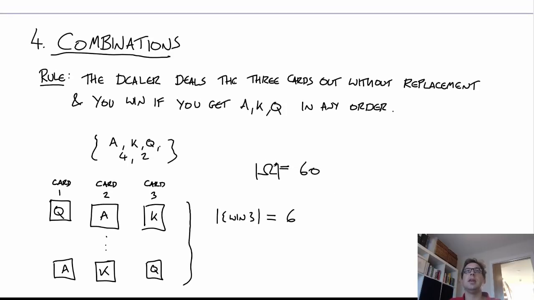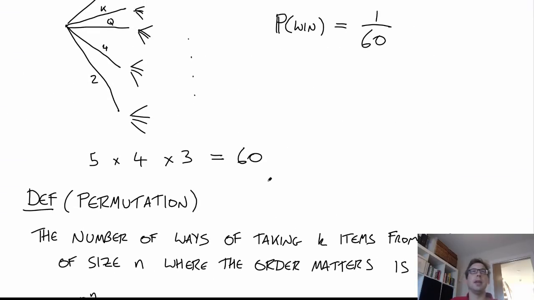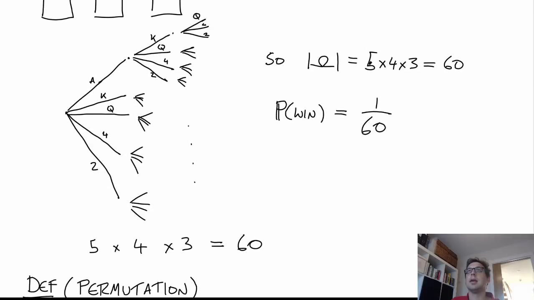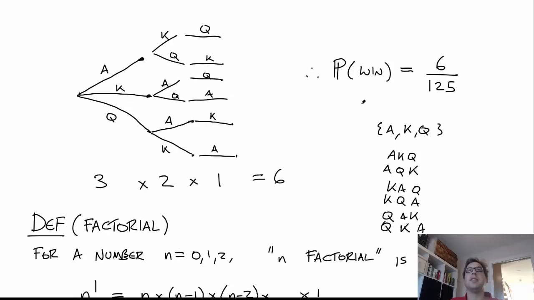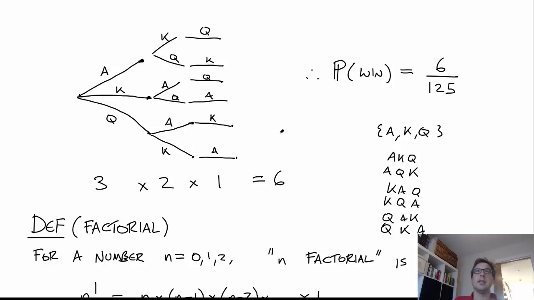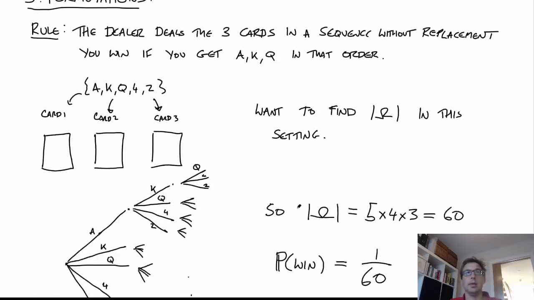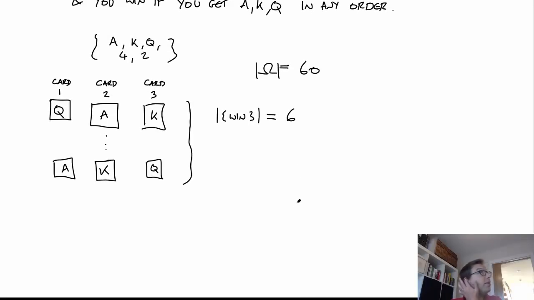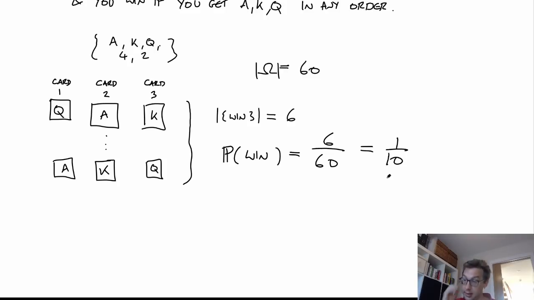So the omega equals 60 comes from here, and the number of ways of winning, 6, comes from here. Convince yourself that those two calculations are exactly the same as we previously did them. So the probability that you win is equal to 6 divided by 60, which equals 1 in 10.